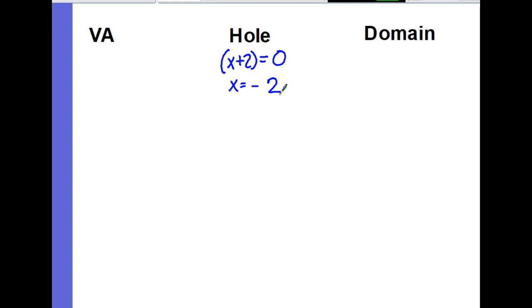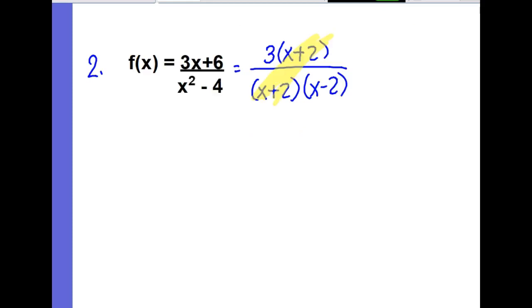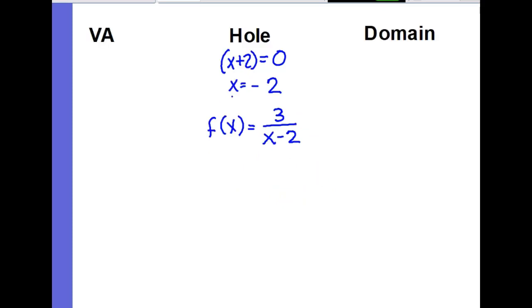If the point is missing, then it's going to have an x value, and it's also going to have a y value. So I also have to figure out the y value. I need the reduced function from the previous part, the previous box. This is what I had left after I reduced. That's what I need to use to find the y part of the hole.